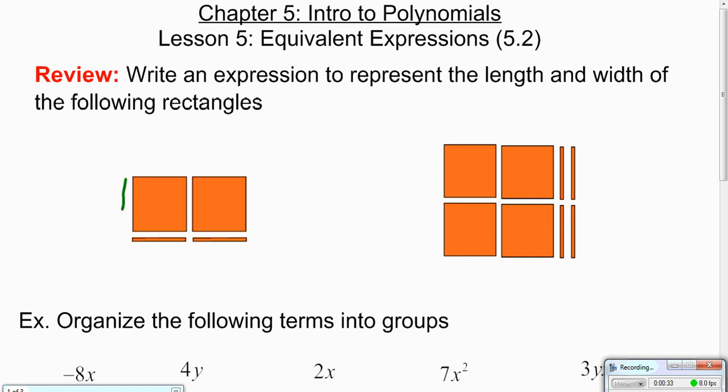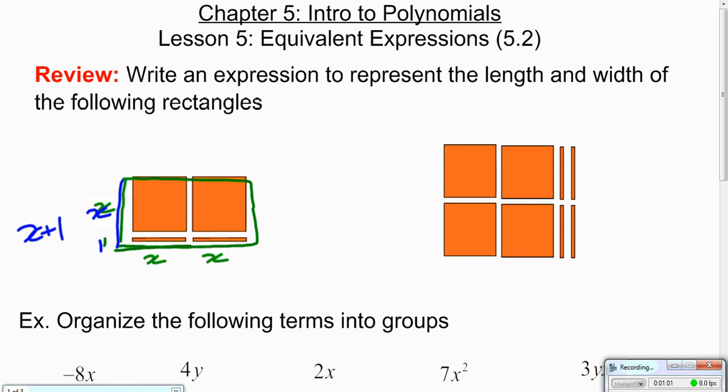So if this was a rectangle, which kind of it is, we have a length of x and then a length of 1, and then we have a length of x and a length of x, or I guess width. So if we said the full length is x and 1, this is x plus 1.